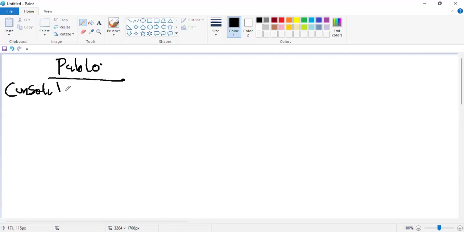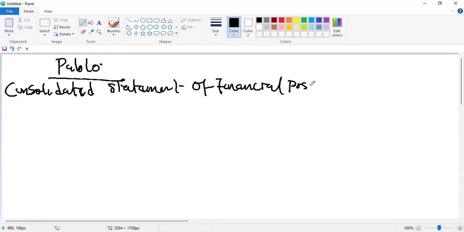Consolidated statements of financial position as at 30th June 2022.